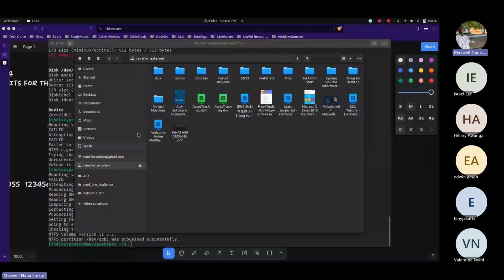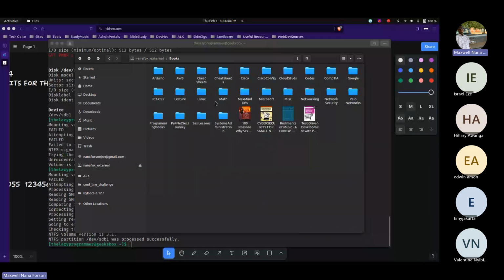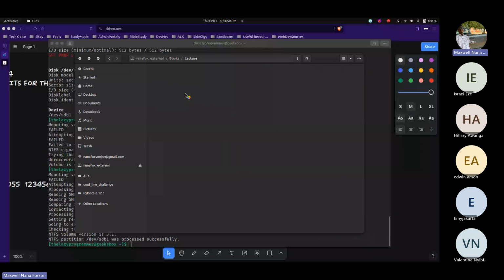Let's check it out. I think I have some information here that will be useful. I could share this with you if you'd like to learn more on IP addressing, but for now we wouldn't really go into that.